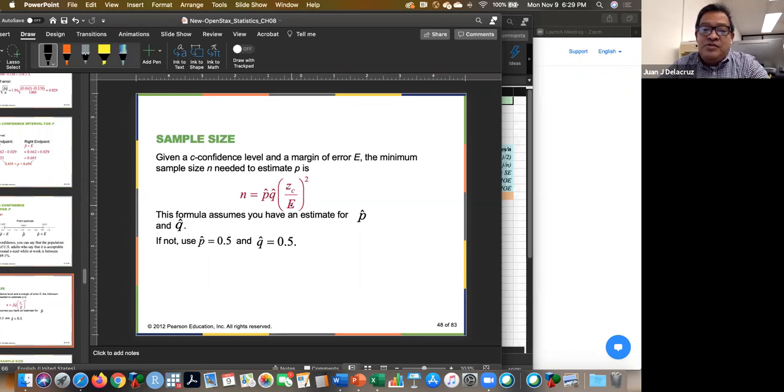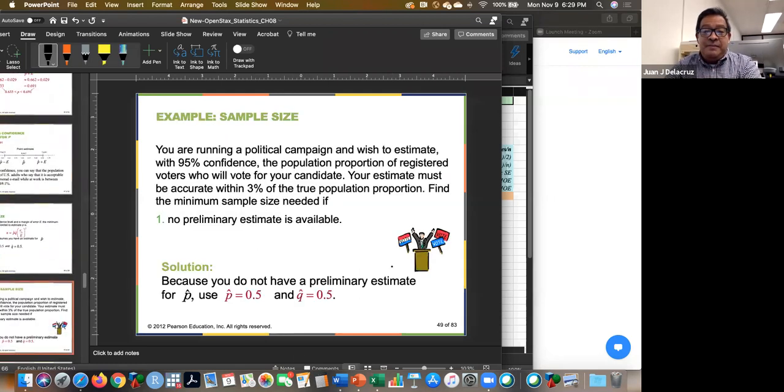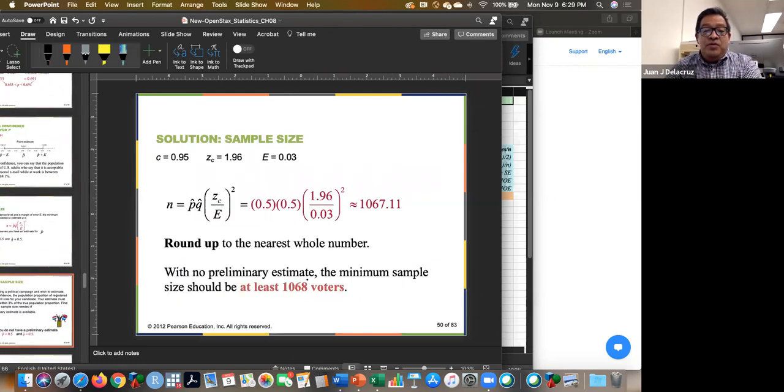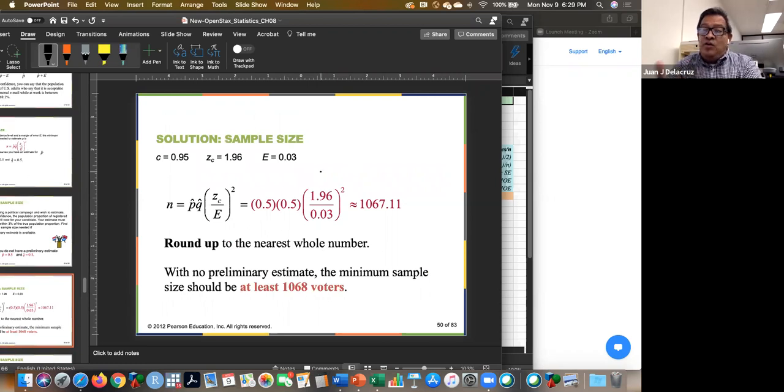Well, my best choice is to assume 50 and 50%. So we can compute the sample size, and under those circumstances, I'm going to need almost 1,068 voters.